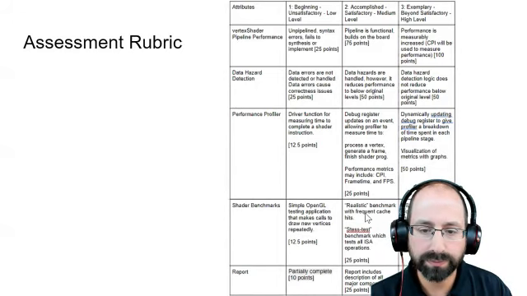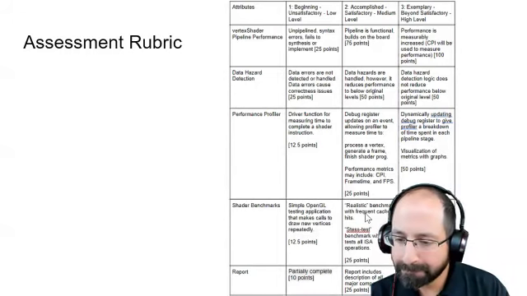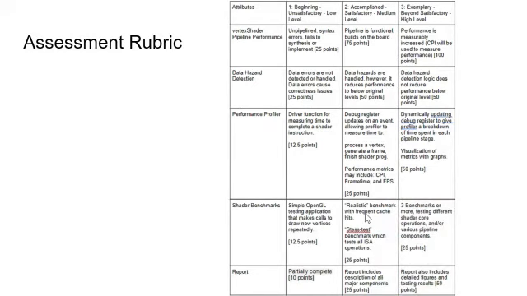Previously the performance profiler and the shader benchmarks were all one big section of the rubric. Because I was in a hurry, I just split them up and divided the values by 2 almost. But the main 3-4 things we're looking at are: is our vertex shader functioning?